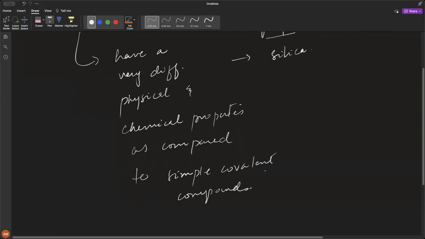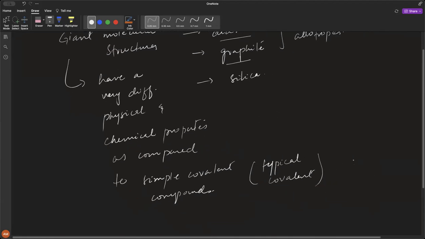All right, these simple covalent compounds are actually typical covalent compounds, which means that they have most of the characteristics and properties that a covalent compound should have. They are kind of leftists, they are kind of deviants. All right, they have different.